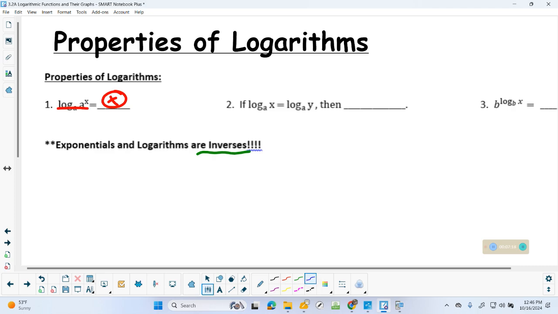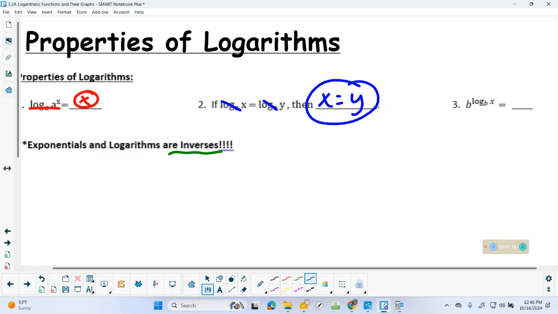Now, log and the same base on both sides, just like anything on both sides of an equation, cancels. Got it? I'm going to slide this over just a little bit. Now, again, same spiel, exponential, log. Same base as both B's, they're inverses, they cancel. So we're going to use some of those properties today.